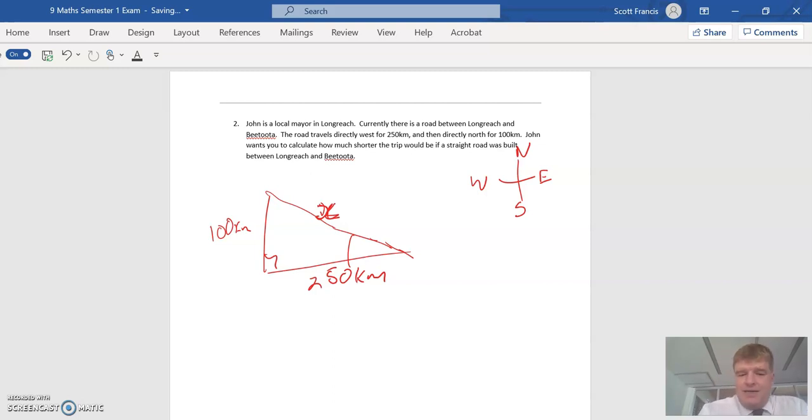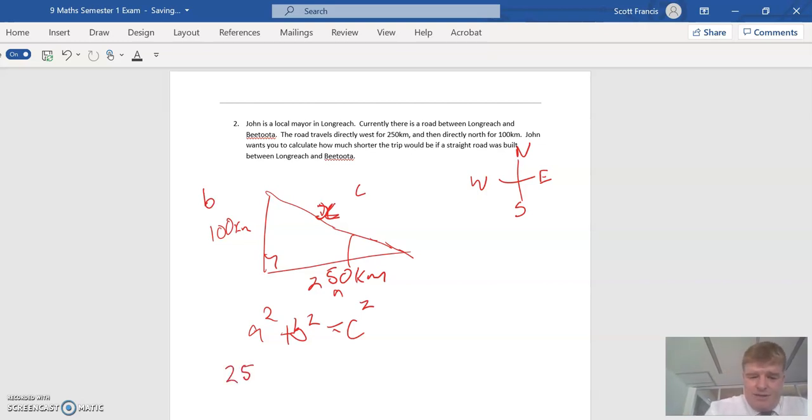But the easiest is this rule that a squared plus b squared equals c squared. When you've got a right angle triangle, the two smallest sides squared, side A and side B, have got to equal the hypotenuse squared.